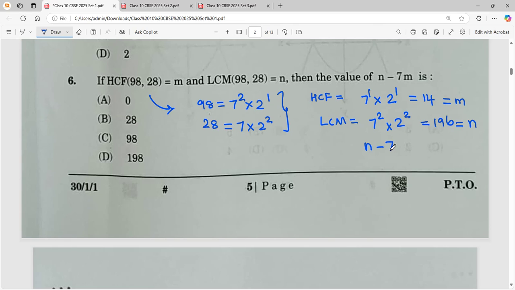So N minus 7M is equal to 196 minus 7 times 14. So the answer will be 196 minus 98, which is 98. So the answer for this question will be option C.